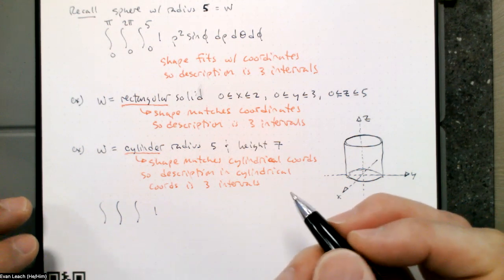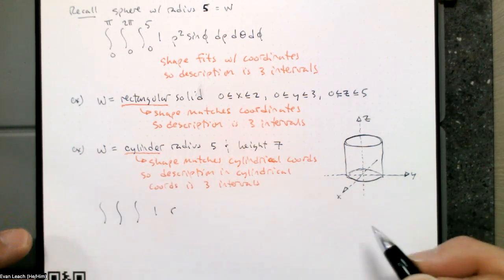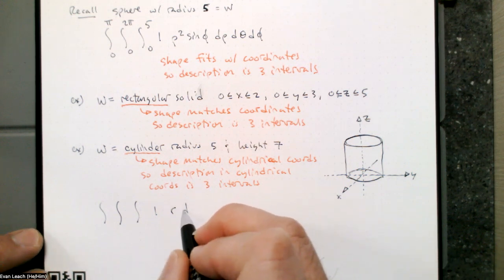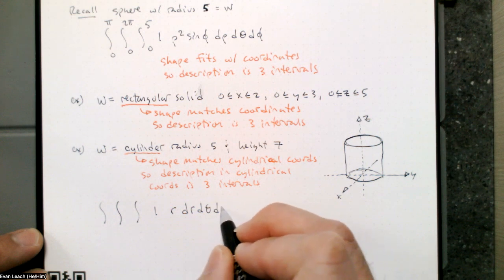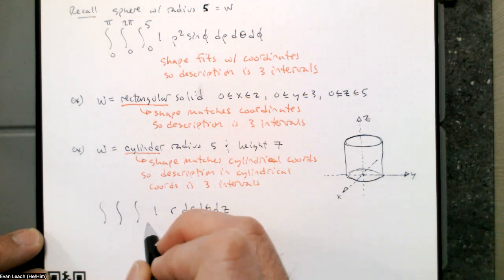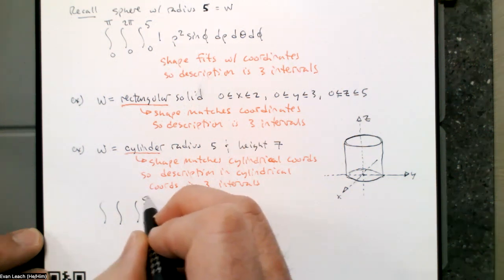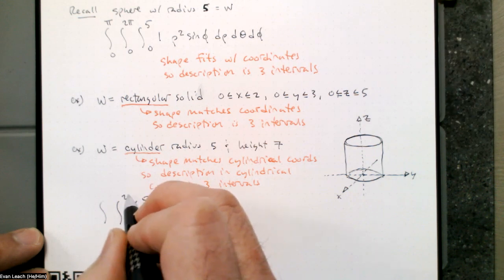Let's say we just want the volume. We need a factor of r because in cylindrical coordinates, it's 3 intervals, so the order we write these isn't going to make a difference. R goes from the center out to the far point of the cylinder, so R will go from 0 to 5. Theta, we want to go all the way around the circle, so from 0 to 2 pi.